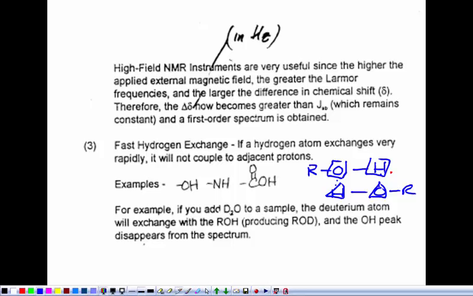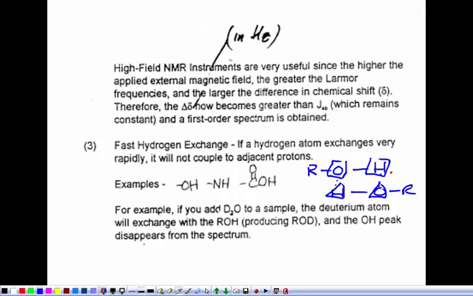And what it also means is that if that hydrogen, that OH, is constantly being swapped out with another, it can't split its neighbors. Because during the snapshot, it's not the same hydrogen sitting there. If multiple hydrogens come in and out, it doesn't split the neighbors.